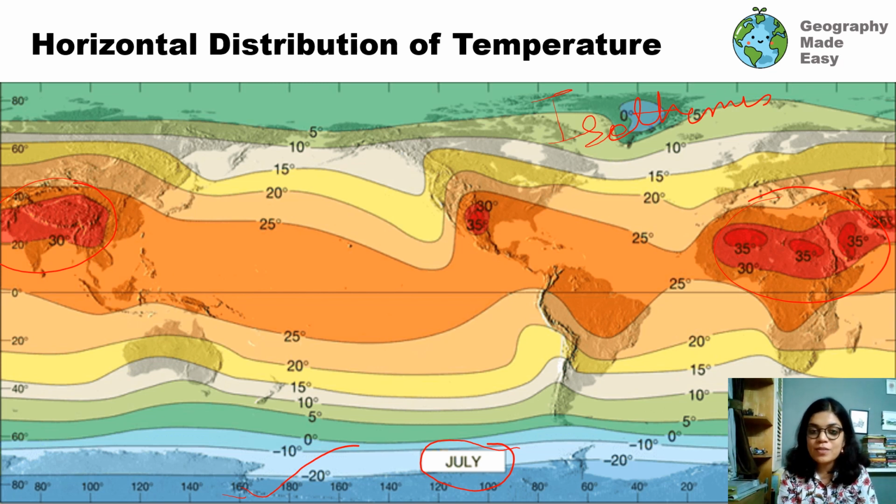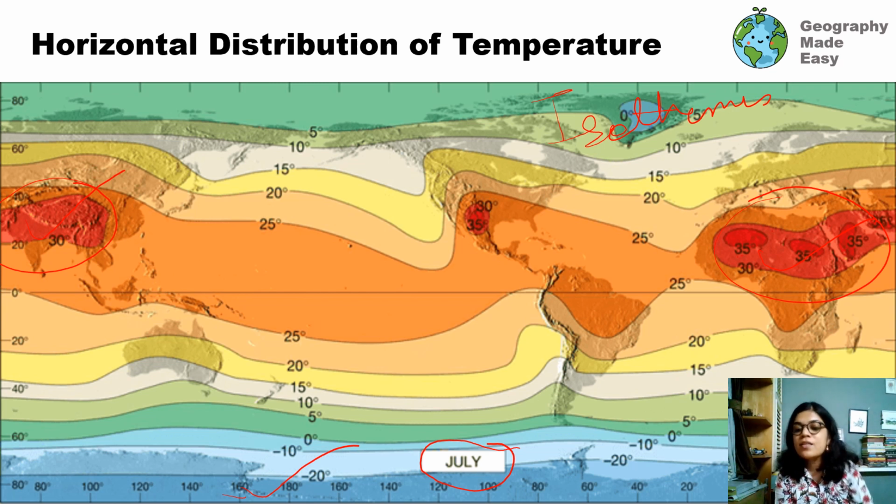So why does this happen? This happens because land quickly absorbs heat and becomes hotter. Also, quickly it loses its heat and becomes colder. So in the tropical areas, that is here and here in Africa and Asia, we see that land is absorbing the heat and becoming quickly hotter in the month of July.